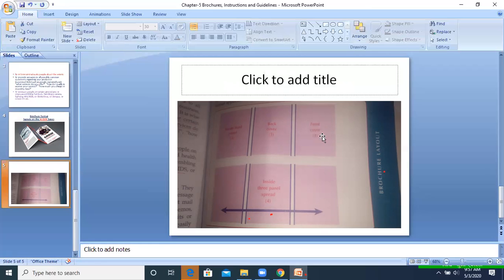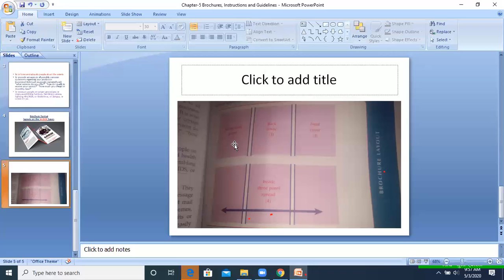This is the first fold. And what is the second fold? Back cover. And what is the next fold? What is the last fold? It is not clear, sir.